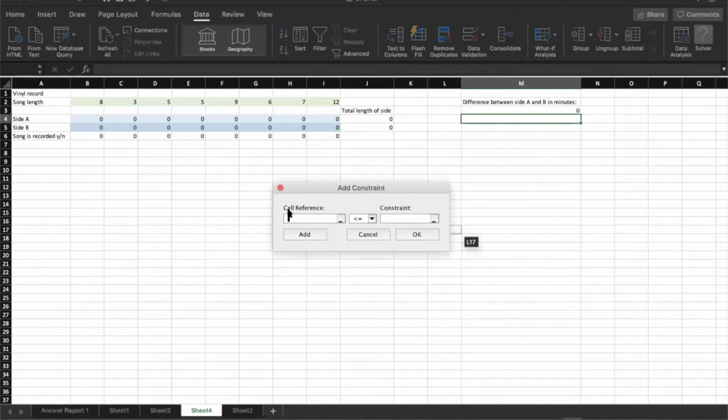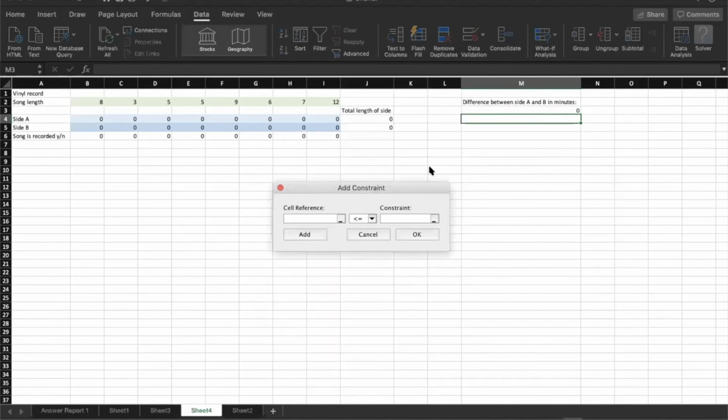So our first constraint would be for all of the variables for the song sides to be binary. But as you remember from the last problem, problem 1, we couldn't do binary in one step.